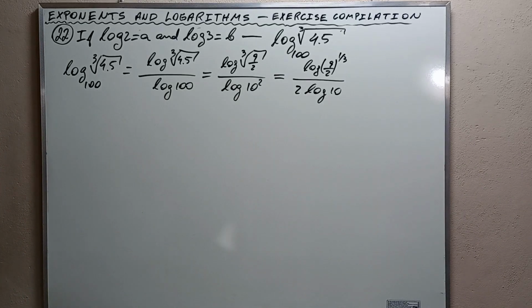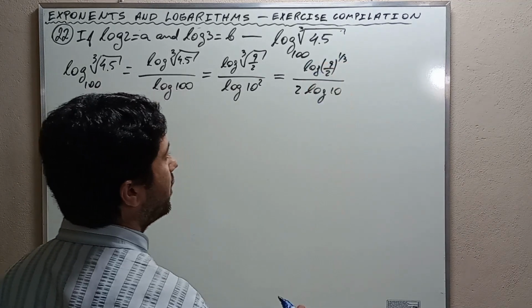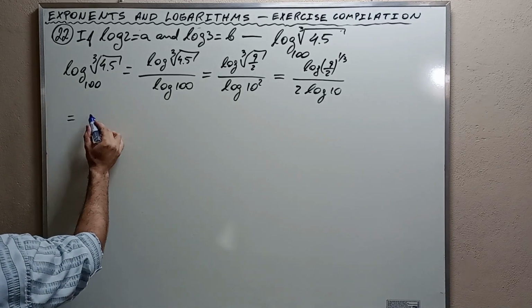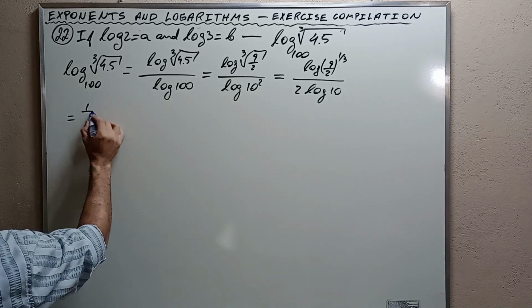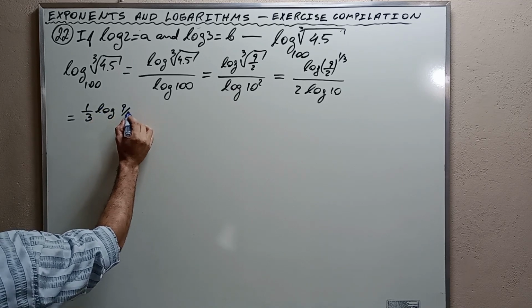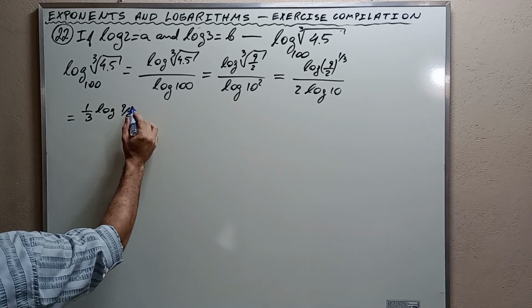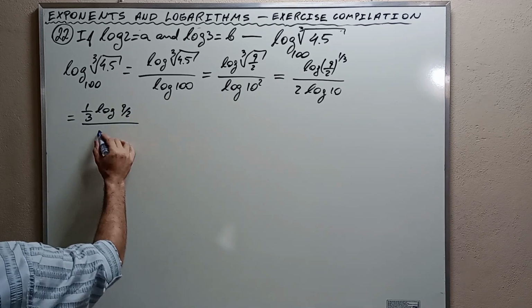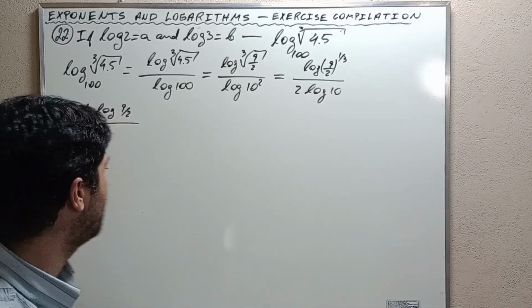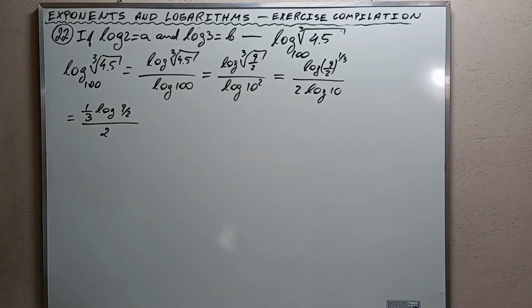Okay? We can pass this 1/3 to this side here. We're going to have that it is 1/3 times the logarithm of 9 divided by 2 base 10, divided by only 2, because the logarithm of 10 base 10 is 1.